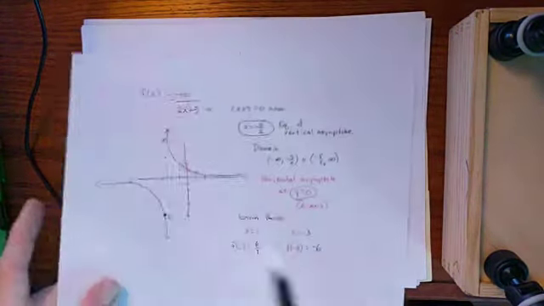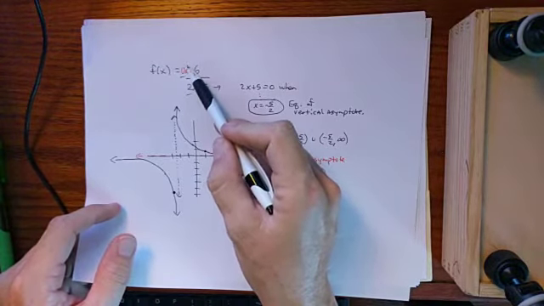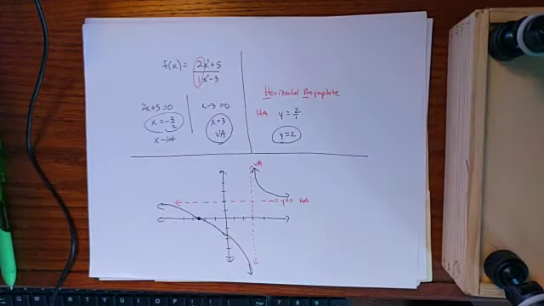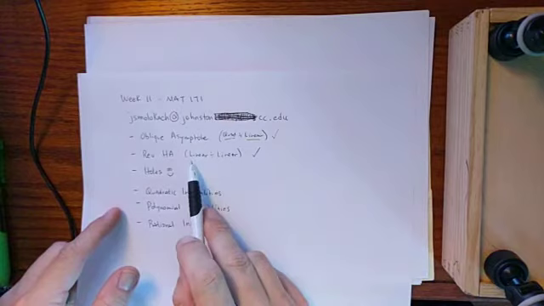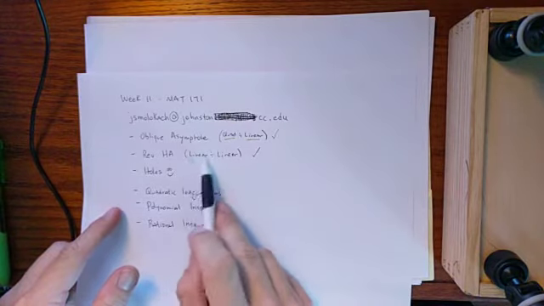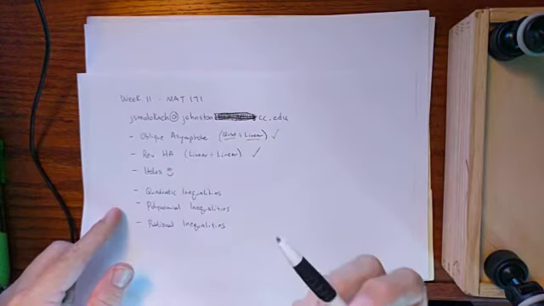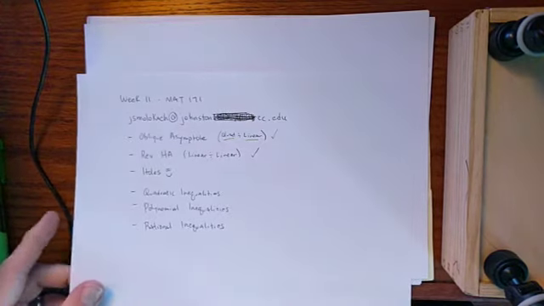And then remember, the trick is that you can always make them the same by adding 0x to the 1. And 0 divided by 2, of course, is still 0. All right, so that's kind of what happens with the horizontal asymptotes. So now we've seen how to find horizontal asymptotes for constant divided by linear and linear divided by linear. When the top is quadratic and the bottom's linear, you get an oblique asymptote, or sometimes it's called a slanted asymptote.